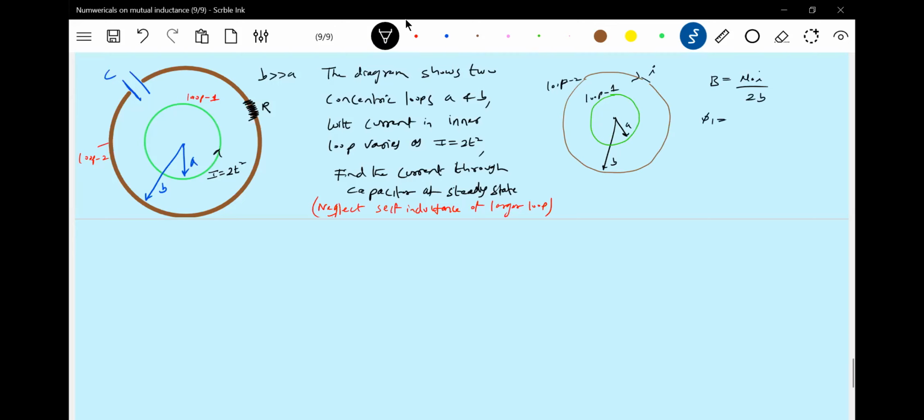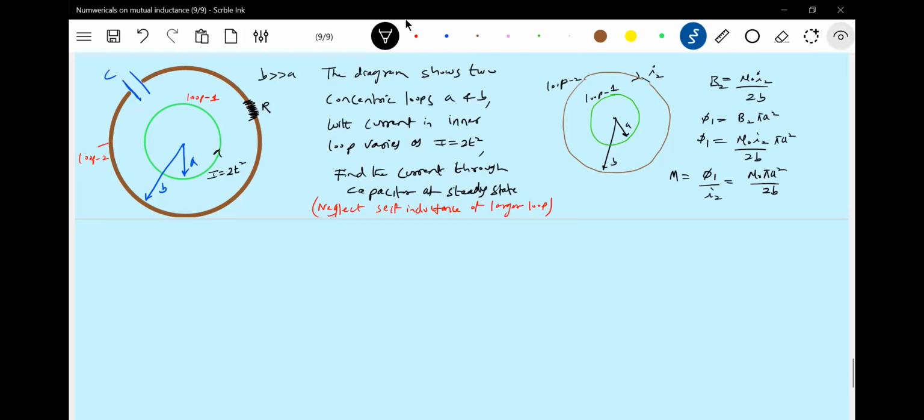The flux linking the inner loop should be equal to B2 into pi a square, which is mu naught I2 by 2b into pi a square. Then how do you define mutual inductance? Mutual flux linking the inner loop due to current in the outer loop. That should be equal to mu naught pi a square by 2b.